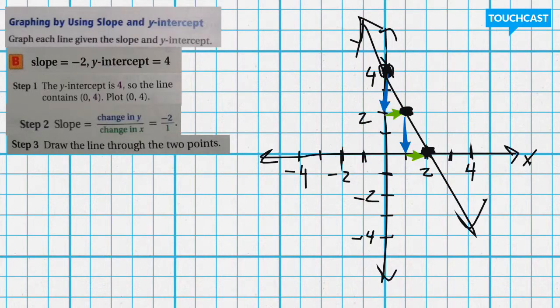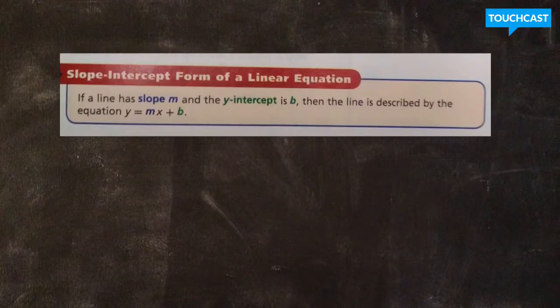Alright, let's move on. So all equations that are linear can be written in slope-intercept form. So if we have a line and its slope is m, and a y-intercept which we can call b, then we can write the equation of that line in the form y equals mx plus b. And this form is slope-intercept form. And just a little review, we have standard form, which we've also talked about.